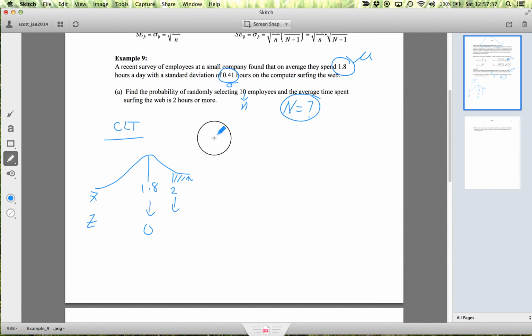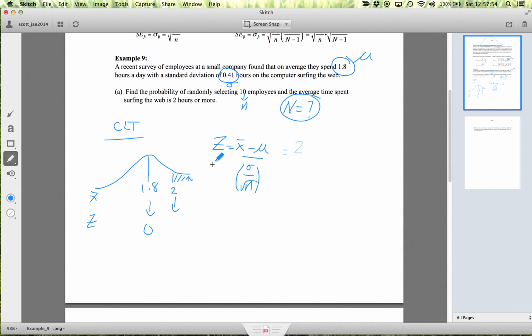When we're using the central limit theorem, our formula is z equals x bar subtract mu over the population standard deviation divided by root n, like this. So we put in our values here.